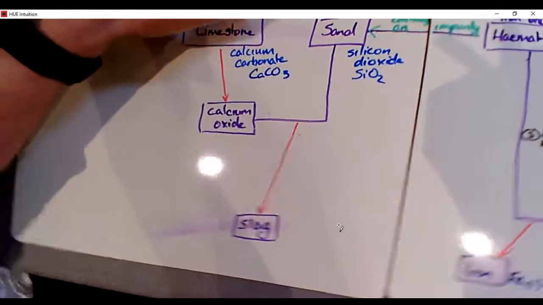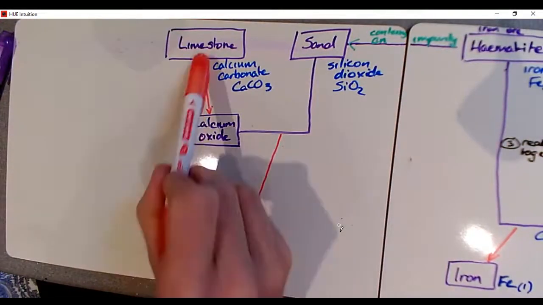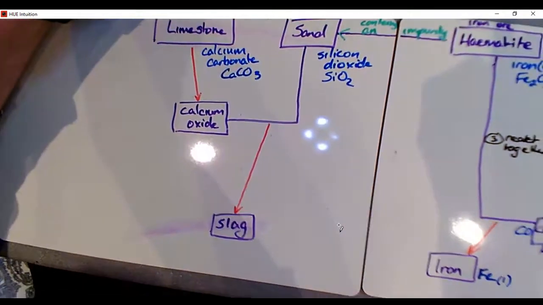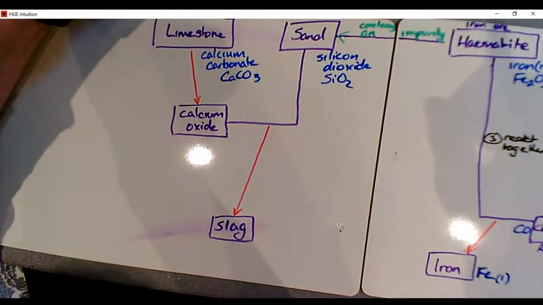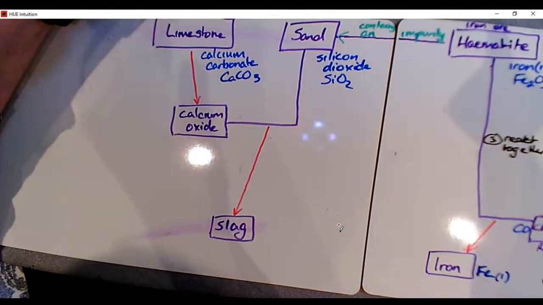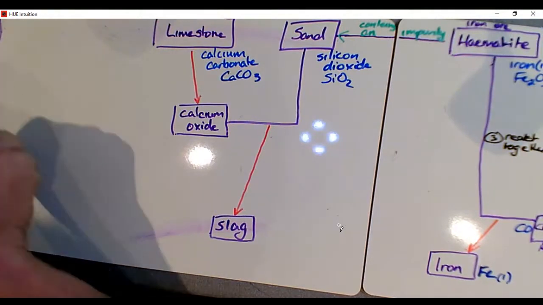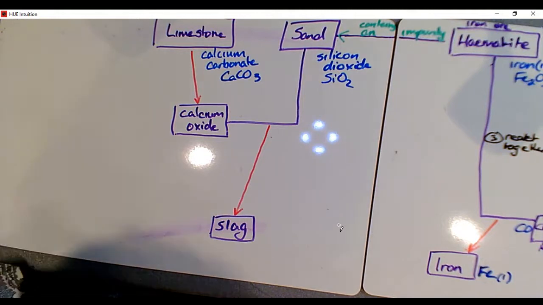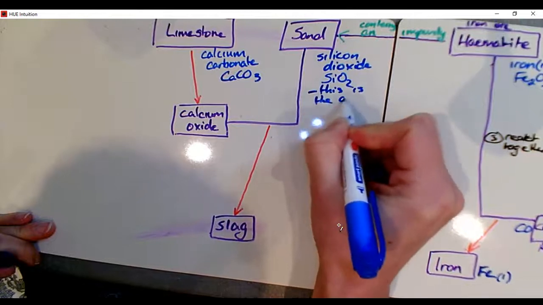So they discovered, way before they knew the chemistry, lucky them, that if you put in some limestone into the blast furnace with the hematite and the coke and the blast of hot air, you would remove the sand. Now, the sand is an acidic impurity. If you look at the specification, it talks about the acidic impurity. Just be very clear that that's the sand.